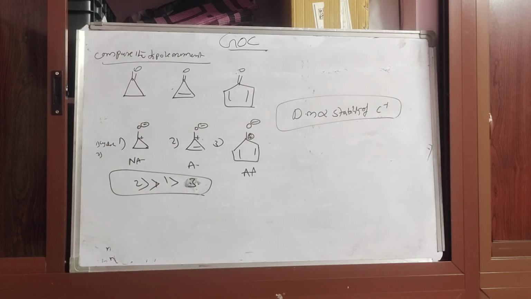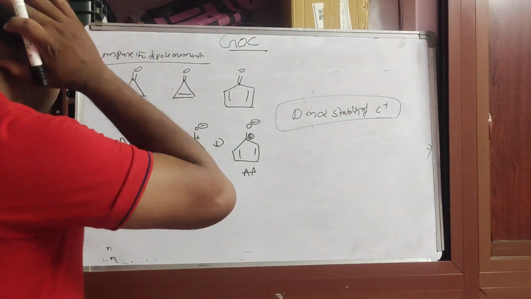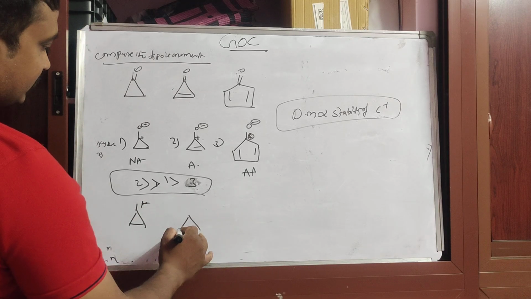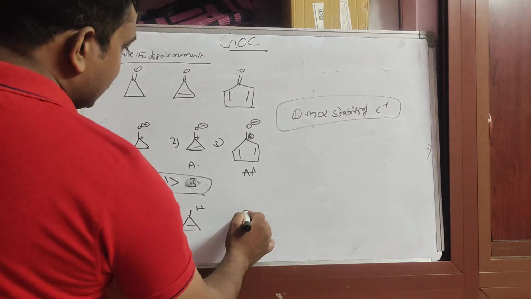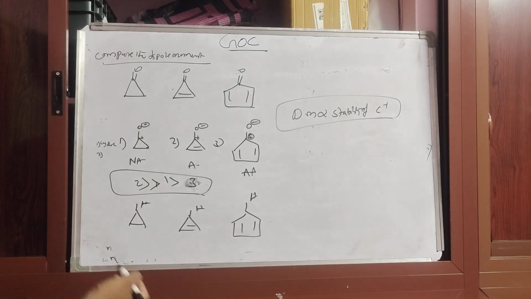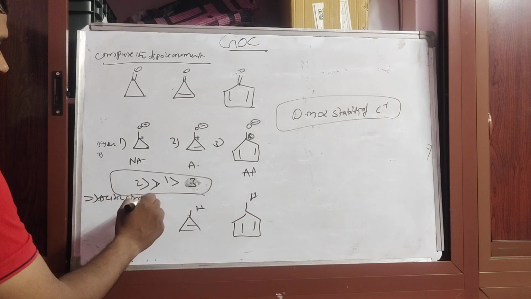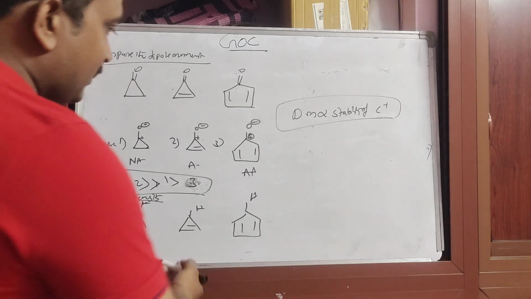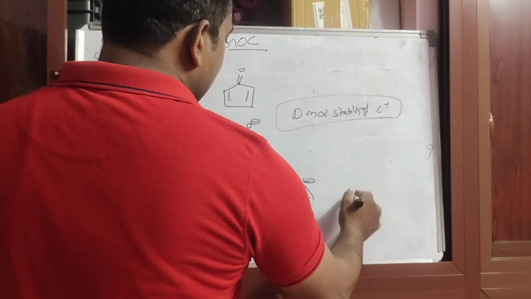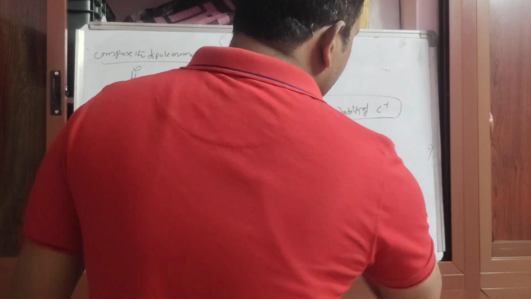To compare the acidic strength of the molecules, same molecules I have given. To compare the acidic strength, if you compare the acidic strength of the compound, by donating H plus it will form this, like this, negative.